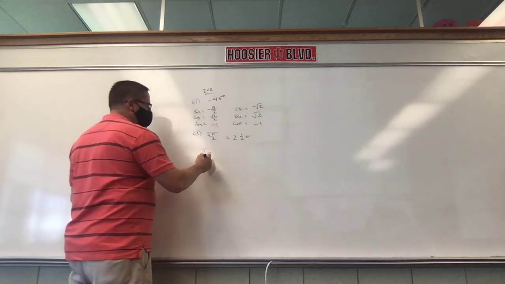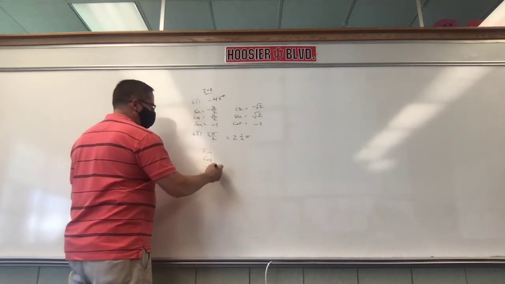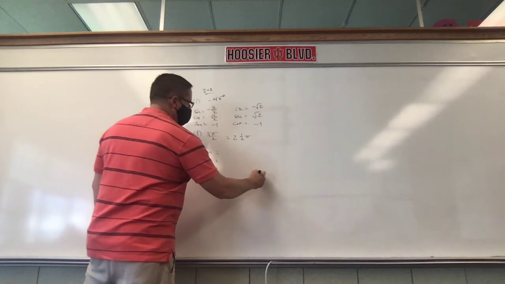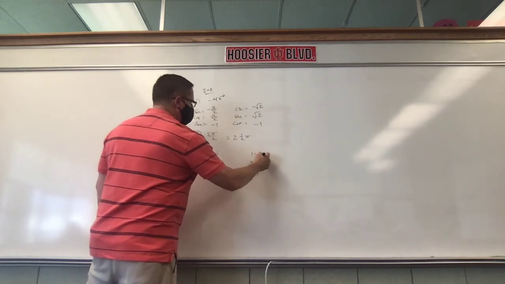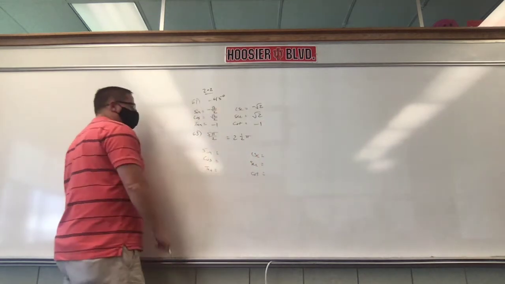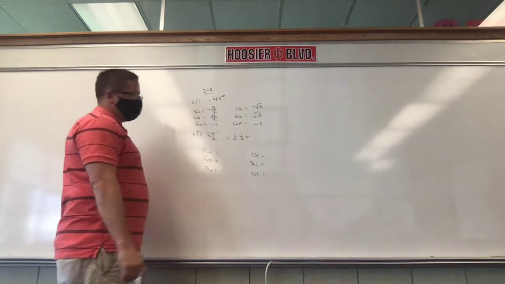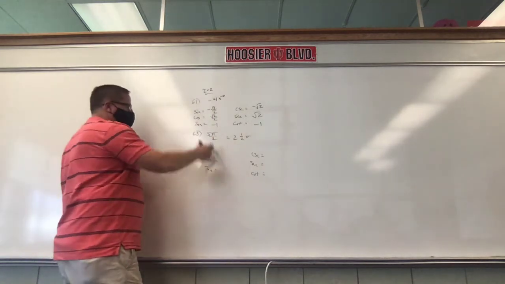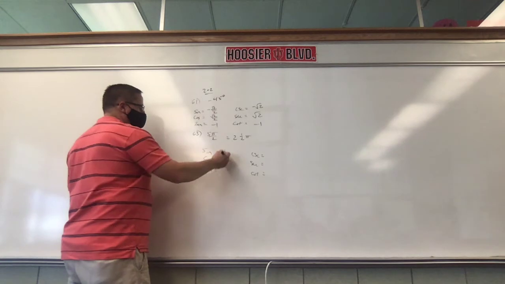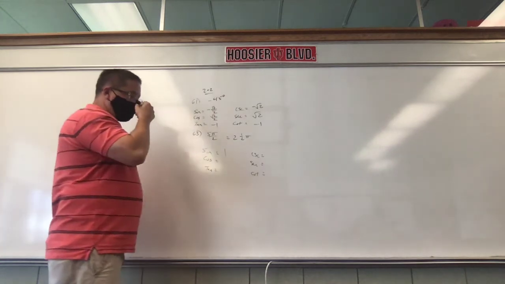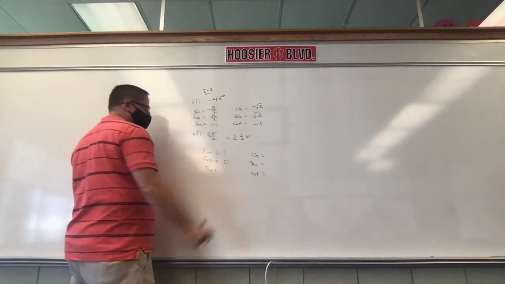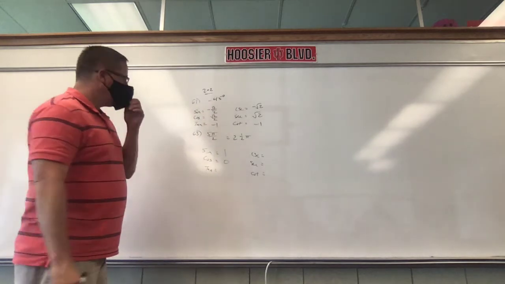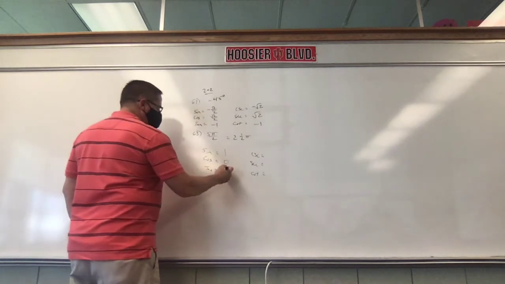So sine, cosine, and tangent, cotangent, secant, and cosecant. Okay, so the sine at 90 degrees, which is the same ending spot as 5 pi over 2, is 1. Our cosine is 0. Remember, it goes cosine, sine. And our tangent is undefined.